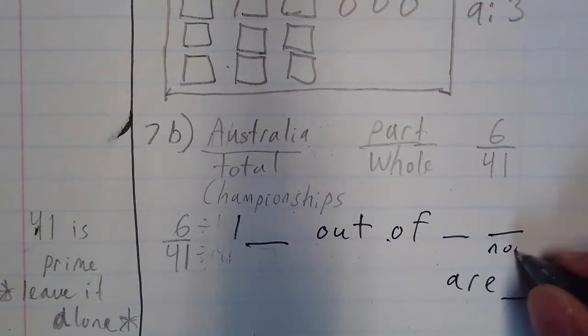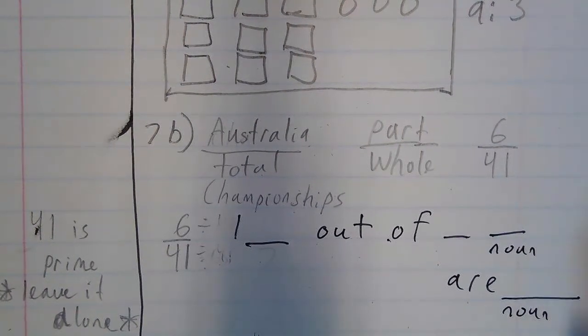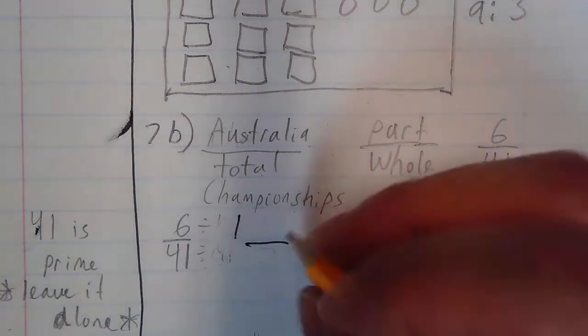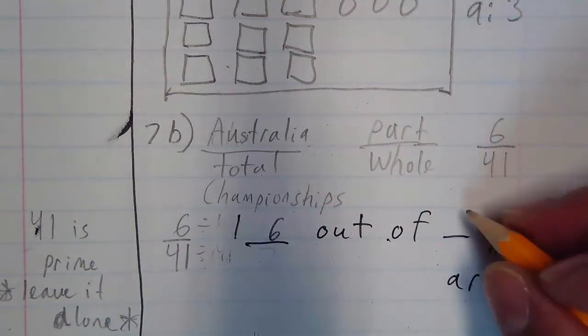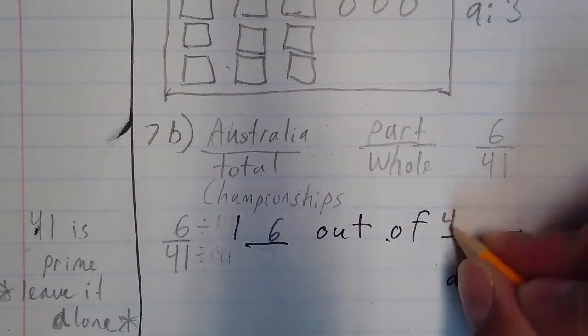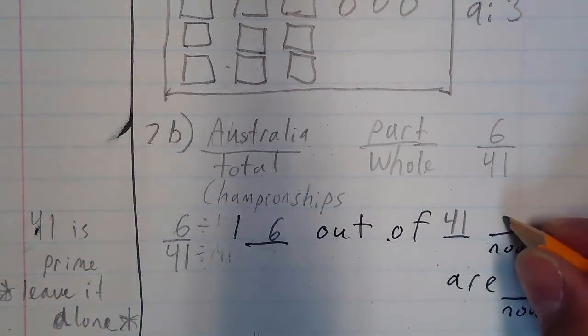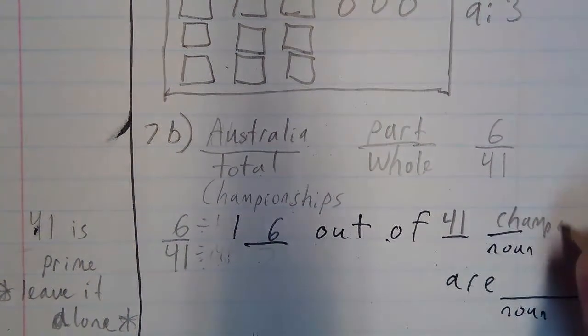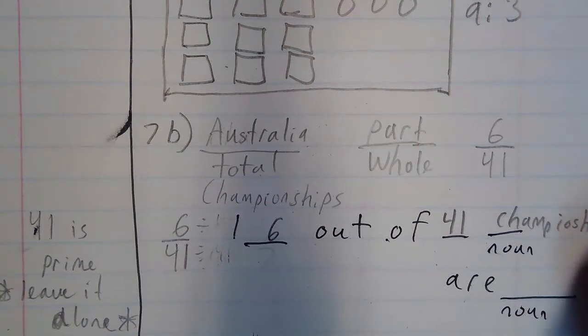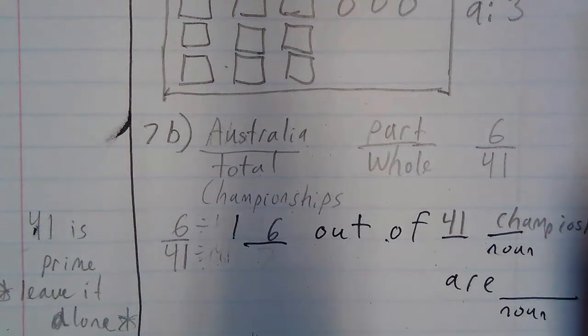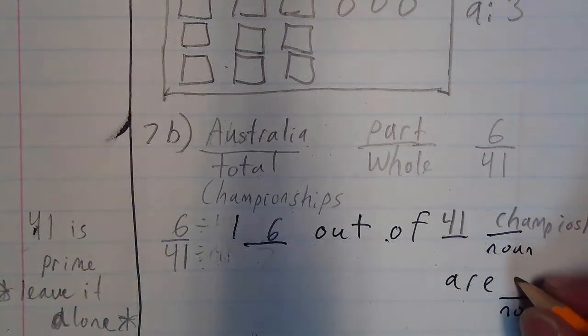Again, you need a noun. So, 6 out of 41 championships are Australian.